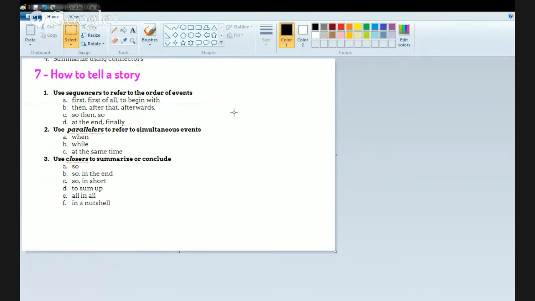All right, so just to review, the first part is what we worked on in the last 2 classes, using sequencers to refer to the order of events. Okay? I don't know if you can read that, Ishmael, but if you can, could you just read through our list of sequencers so that we can keep it fresh in our memory? Use sequencers to refer to the order of events.